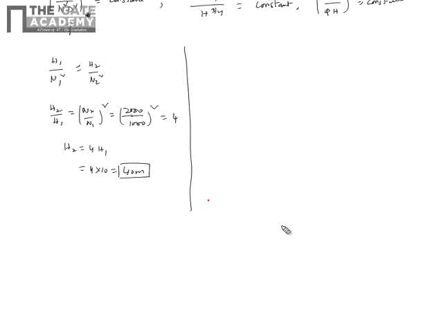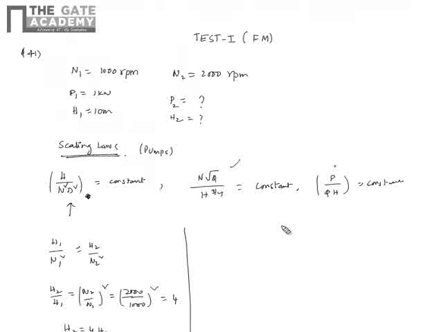Now we need to relate n and P individually. Now n and P I have here, but I don't have discharge. I need to eliminate discharge. How do I eliminate this? P by QH is constant again, so from this Q is basically P by H into some constant k1. Now I'll put this in the second equation: n root P by H into k1 by H to the power 3 by 4 is some constant k2.